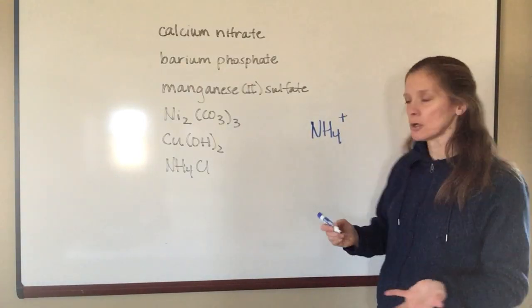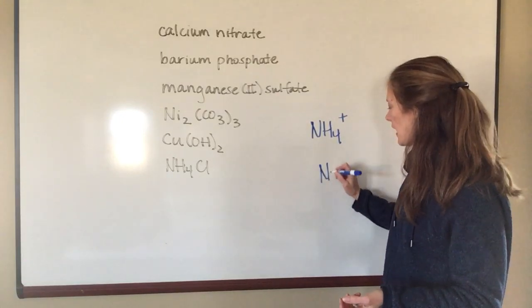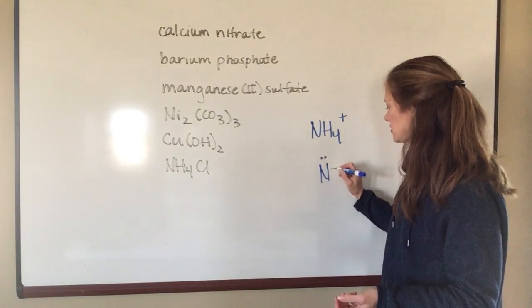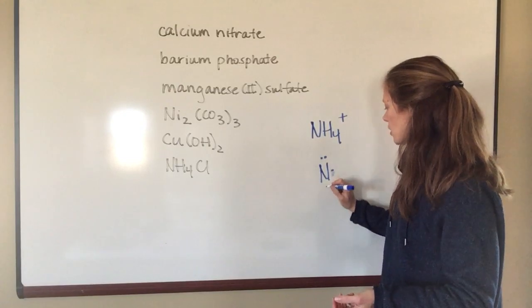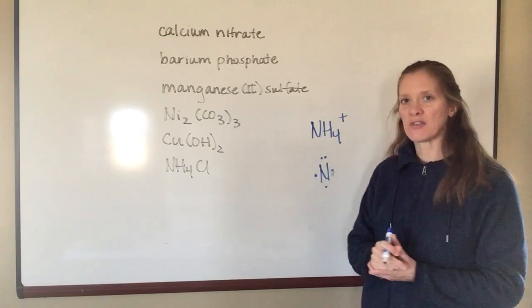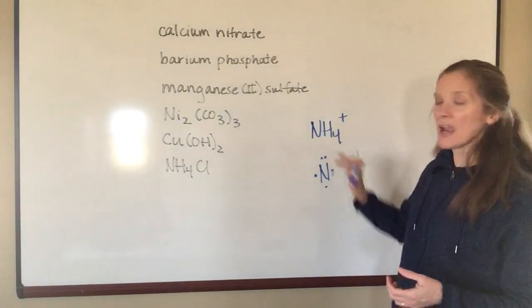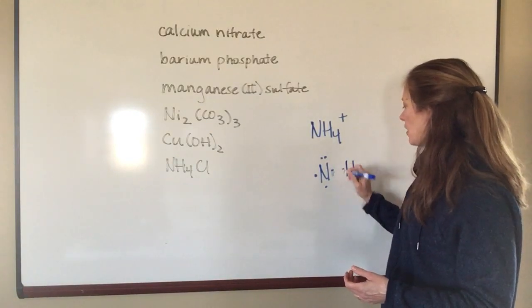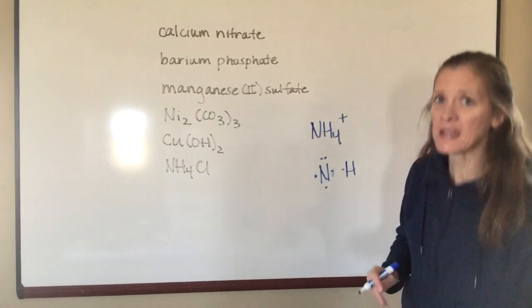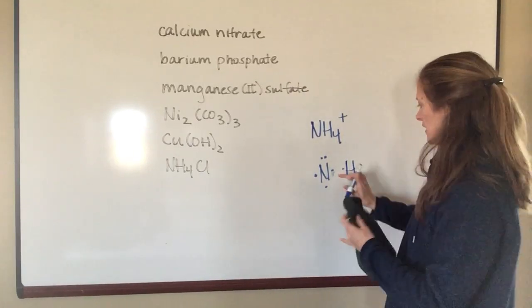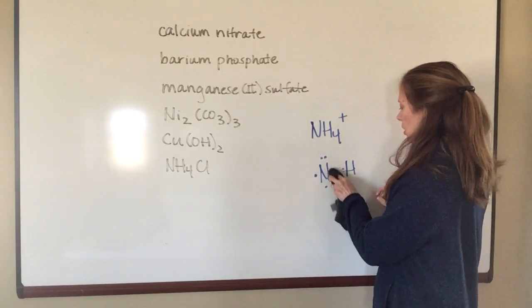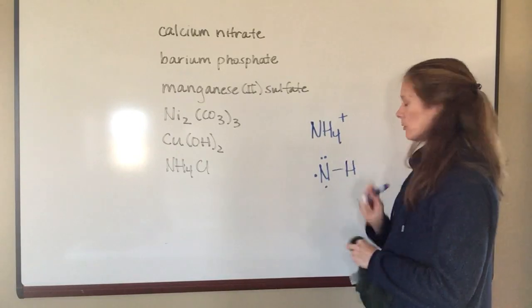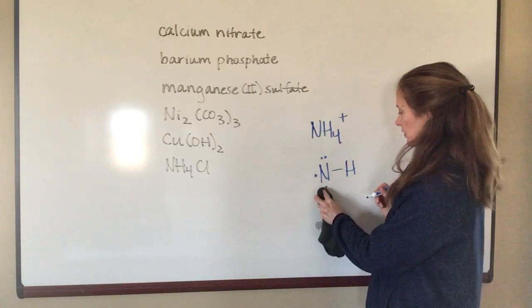Now, if you remember, nitrogen has 5 electrons in its valence shell, and each hydrogen has 1 electron. So if I have a hydrogen here, then what's going to happen is that these 2 electrons will become shared, and that will make a covalent bond between the 2 of them.